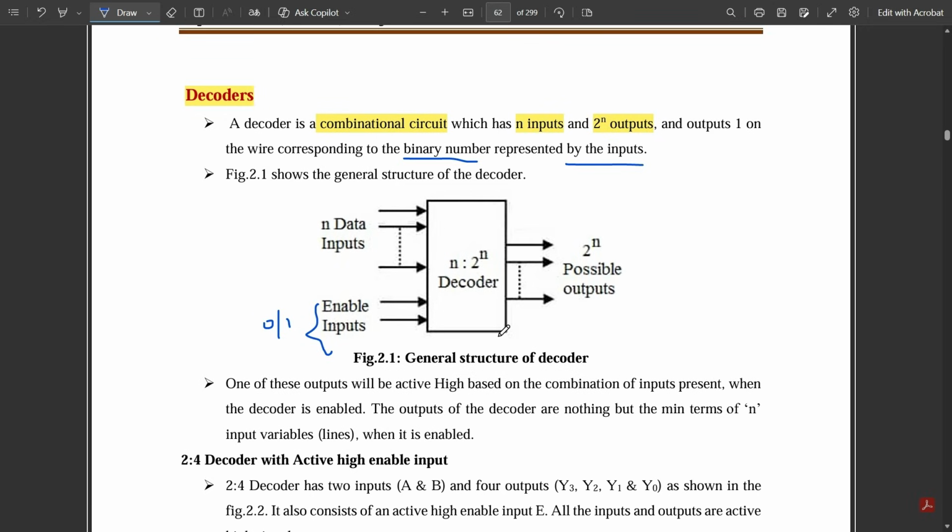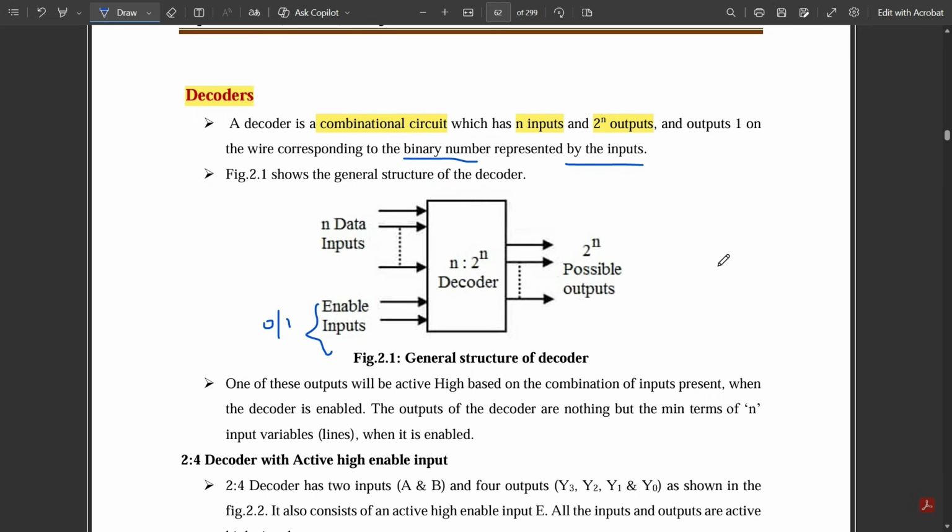There are only two options in enable, either 0 or 1. If the enable is active low, that is when enable is equal to 0, then all the output bits would be equal to 0. If it is 1, any one of the possible outputs, based on the combination of inputs, would be equal to 1. Those conditions are called active high enable input and active low enable input. I will let you know more in a later stage.